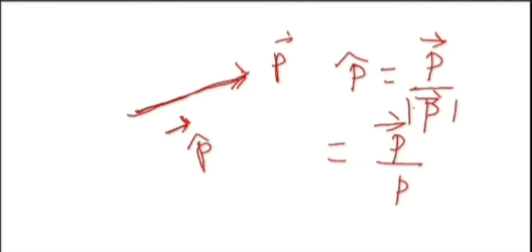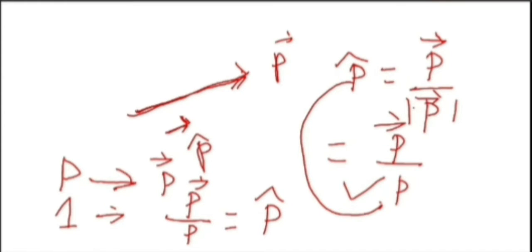So unit vector p can be written as p vector divided by magnitude of p.